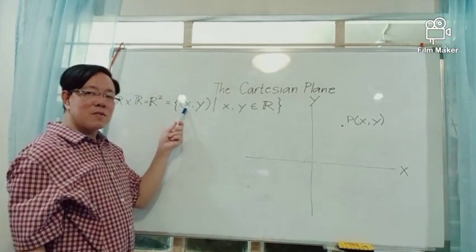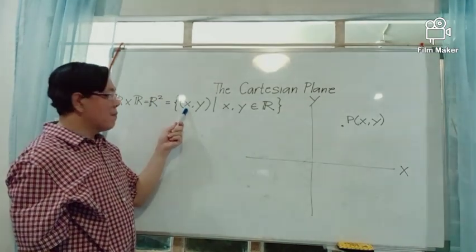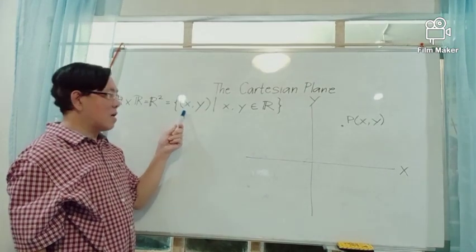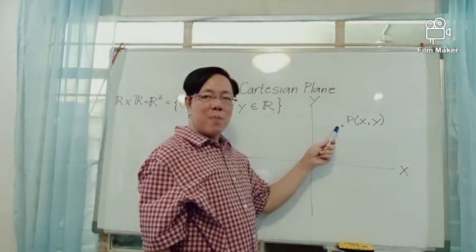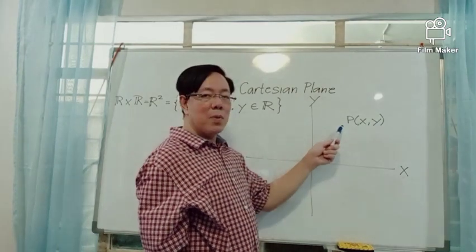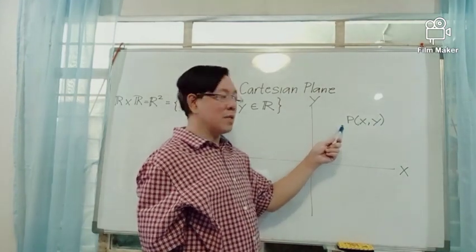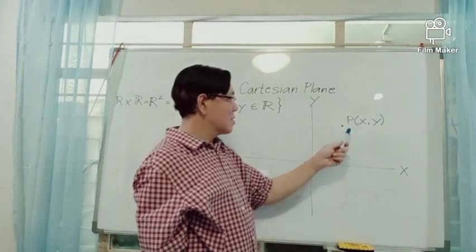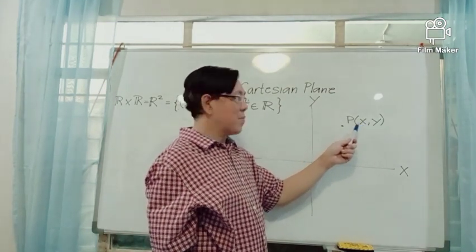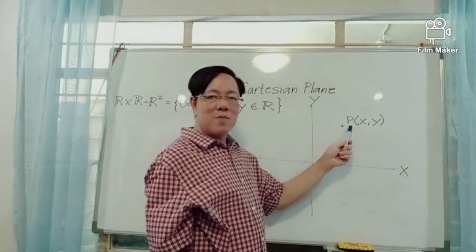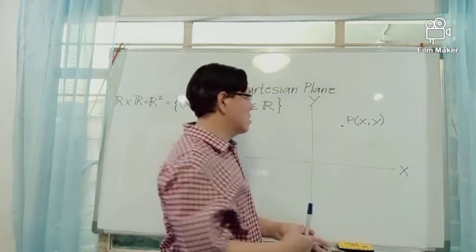The first number is known as the abscissa of the point. We take any point in the Cartesian plane. So point P is an arbitrary point in the Cartesian plane. The first coordinate of the point is known as the abscissa of the point.